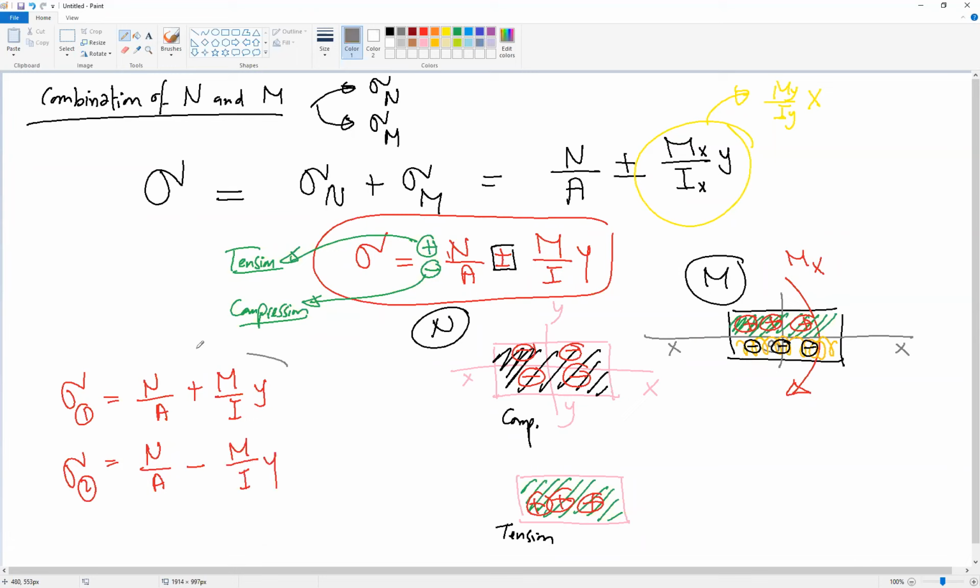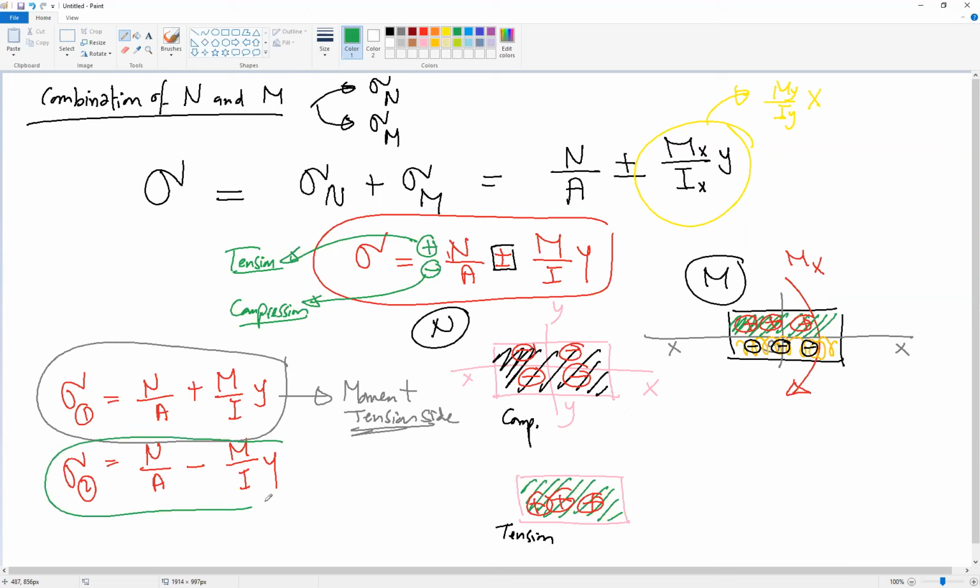So this equation is for the tension side of the moment, and this equation will be for the compression side of the moment. Okay, so this is our formula for the combination, because the moment causes tension and compression at the same time, but the normal force only causes either tension or compression.